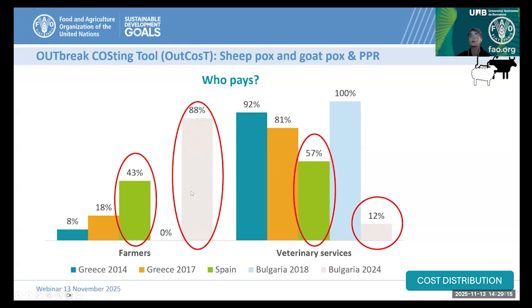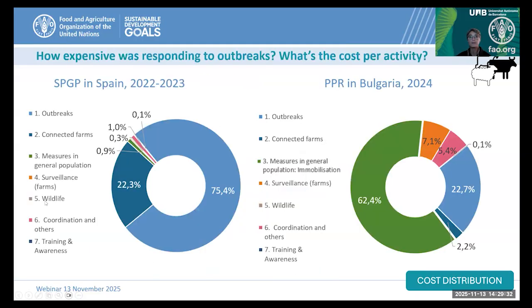In Spain, the costs were more or less equally divided between farmers and veterinarians, while in the case from Bulgaria that I just mentioned, 88% of the cost was assumed by the farmers. We can check what was the most costly activity in these 2 contexts, and the different proportions involved in the 2 countries.